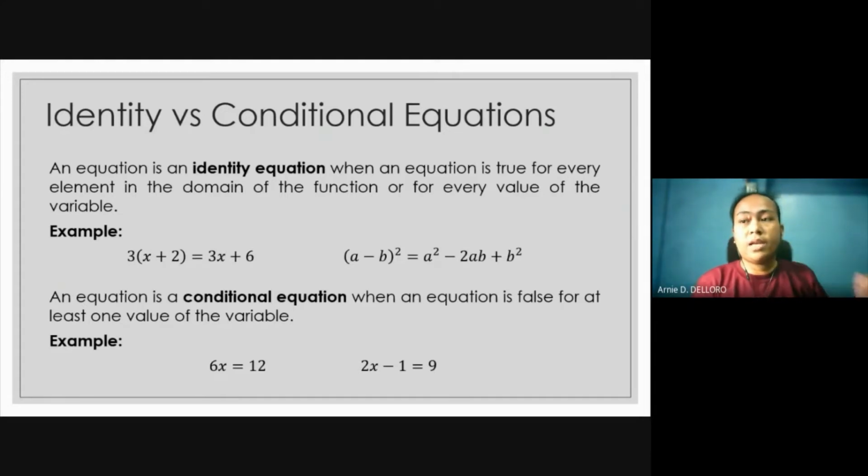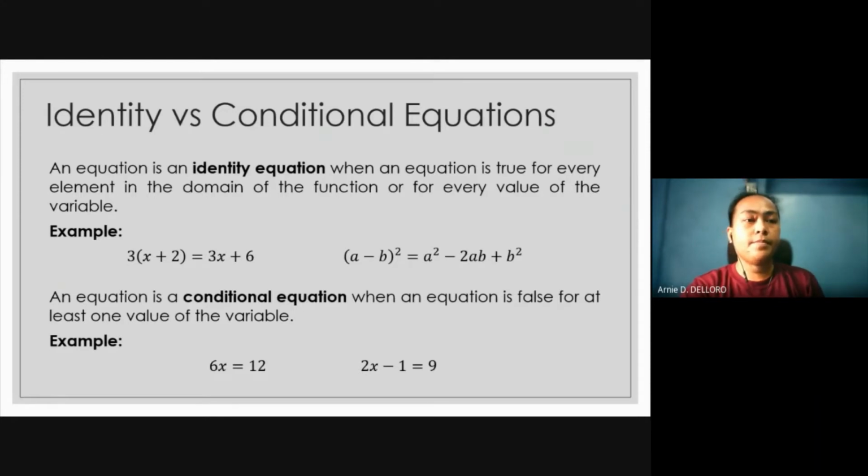If we evaluate this, the value of the variable is only 5. Okay? So the only value of x that will satisfy this equation is x equals 5. No other value, because any other value will not satisfy the equation. Okay? So I hope it is clear, the difference between identity and conditional equations.